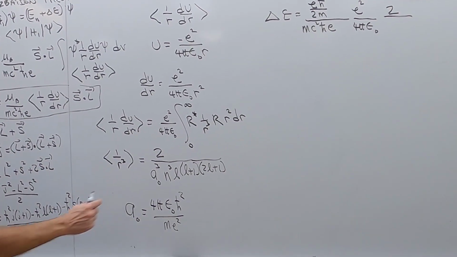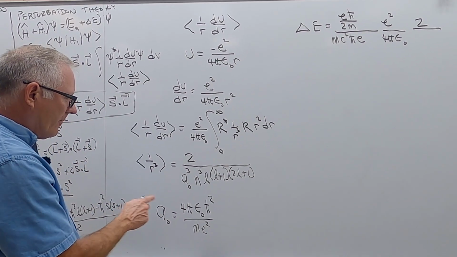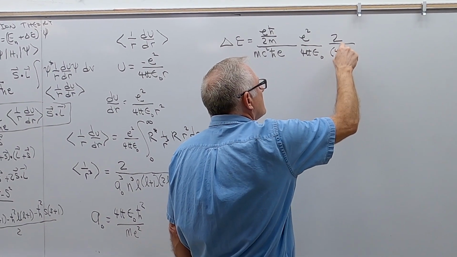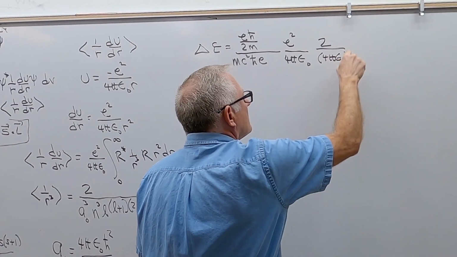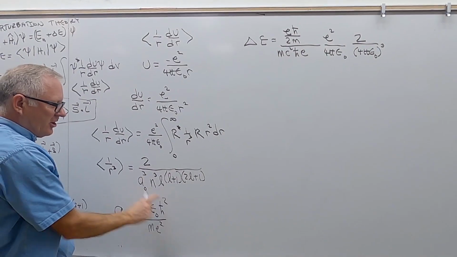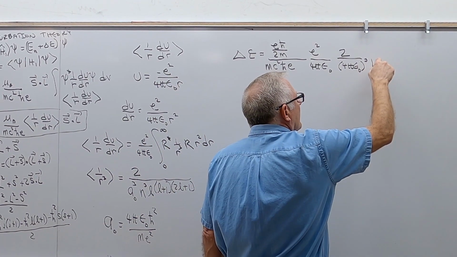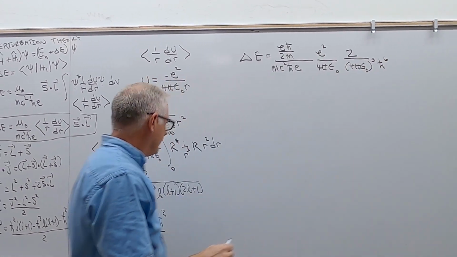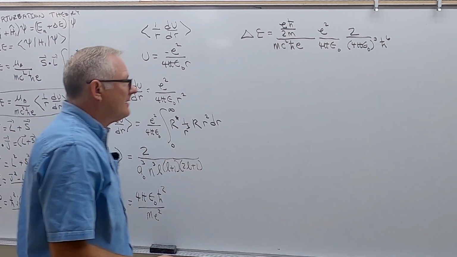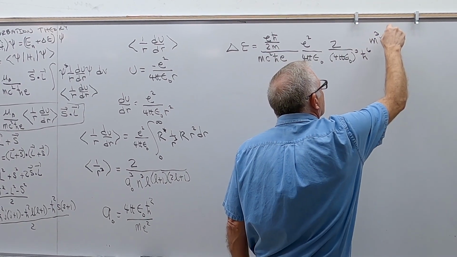I'm going to have that cubed, so I get 4 pi epsilon naught cubed, and h bar cubed to the 6th, h bar to the 6th all over m cubed e to the 6th.